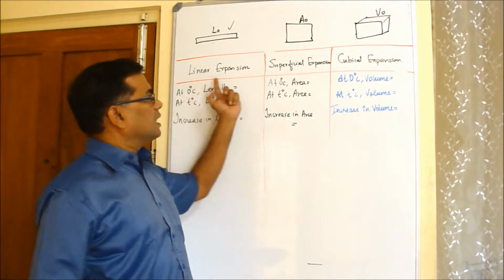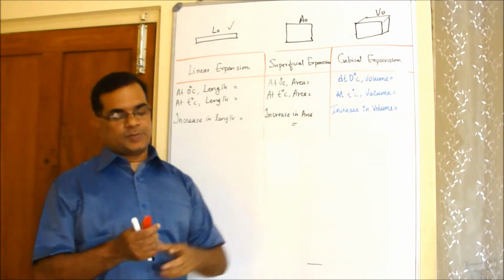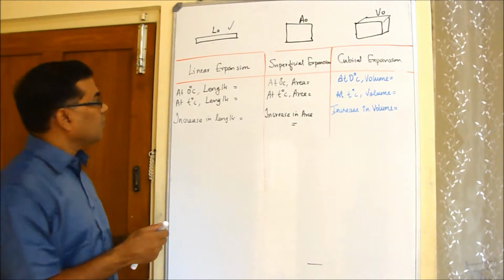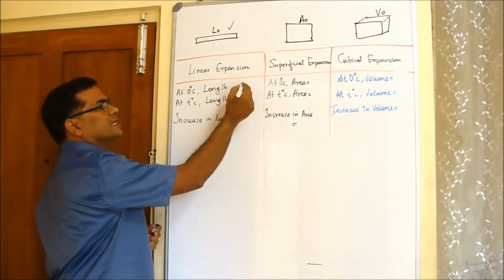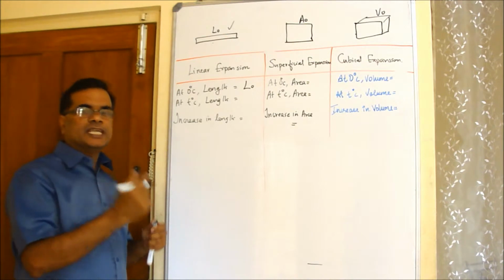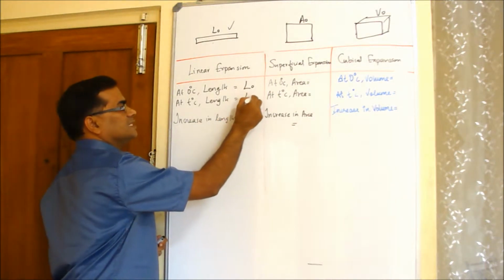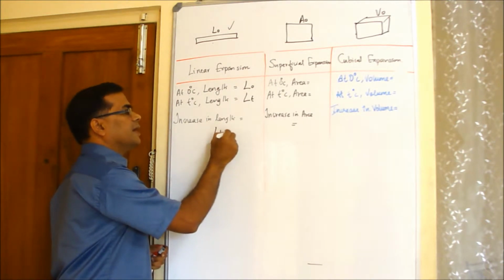Let's compare linear expansion, superficial expansion and cubical expansion. Consider a rod of length L0. At 0 degree centigrade, let the length be L0. On heating it through T degree centigrade, the length becomes LT, and therefore the increase in length is LT minus L0.